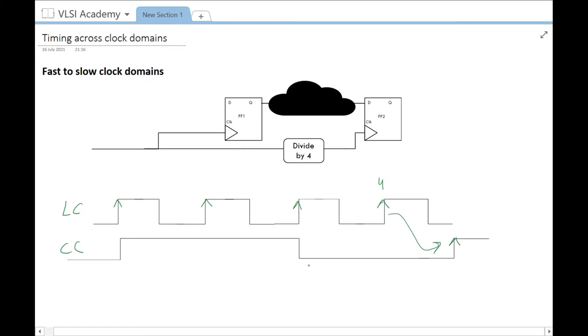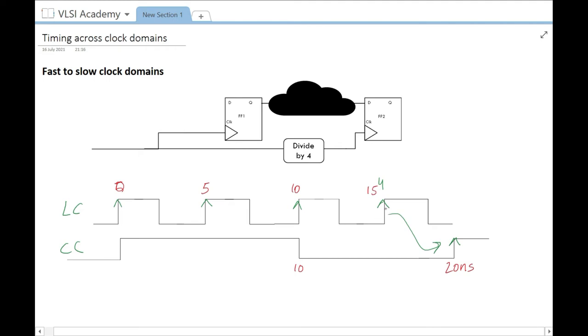Now let us consider that the clock period is 20. So 10 nanoseconds is your half cycle and 20 nanoseconds is your full cycle. So at every 5 nanoseconds you are launching the data. This will be your 0th edge, this will be your 5th, this is your 10 and this is your 15.